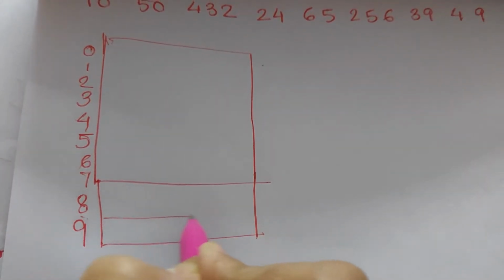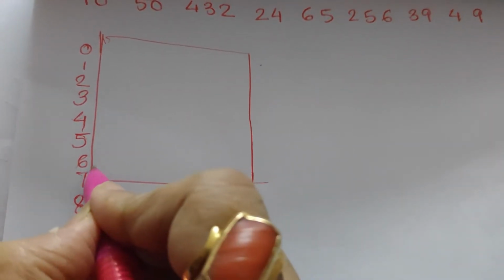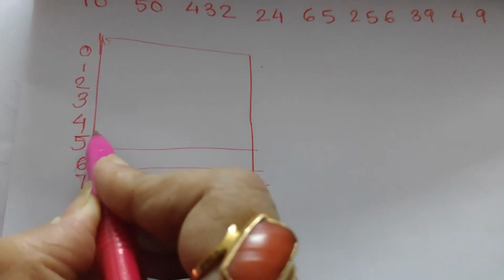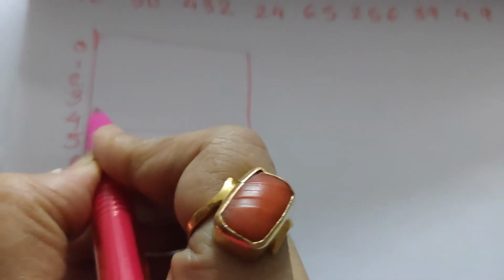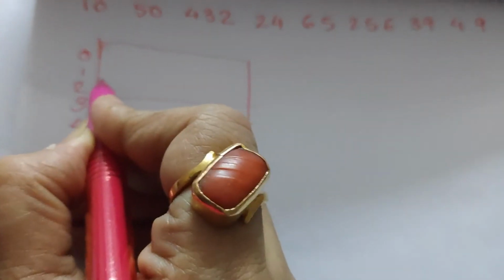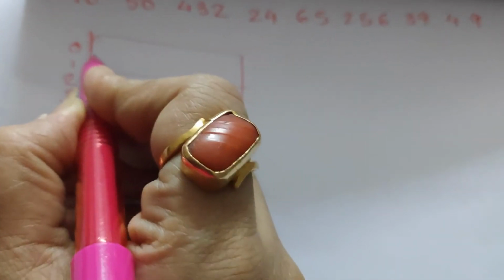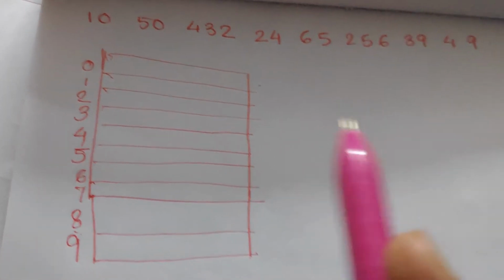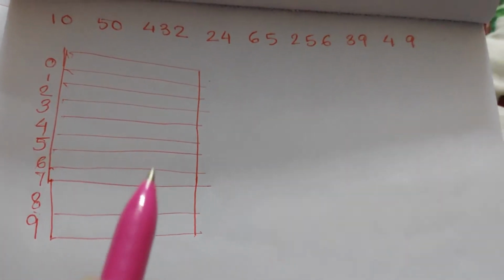So there are 10 rows in this two-dimensional array, but the number of columns is different. Number of columns is not the same. Now what is the purpose of the columns?